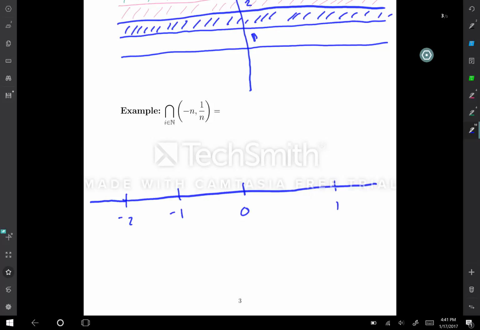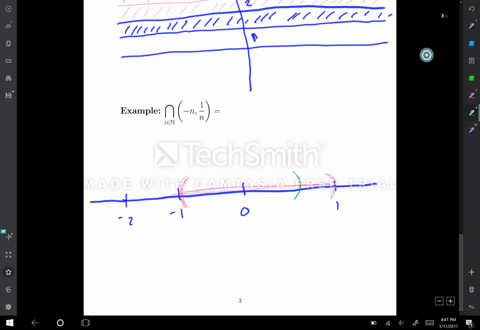So the first interval, if n is 1, would go from negative 1 to 1. The second one would go from negative 2 to 1/2.